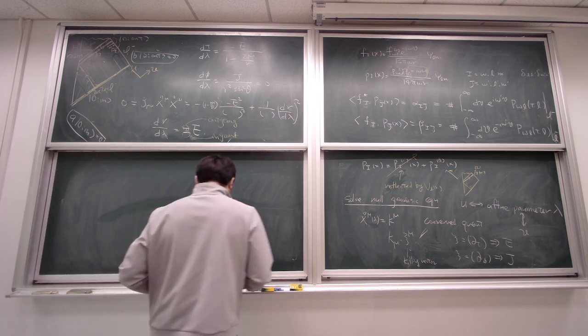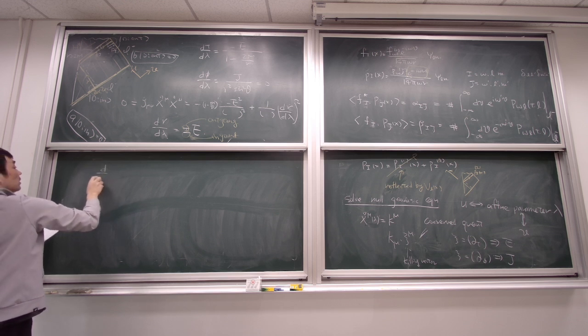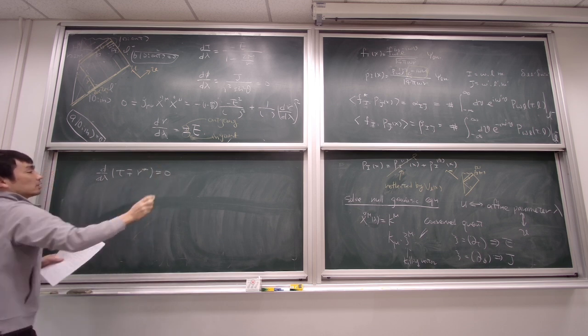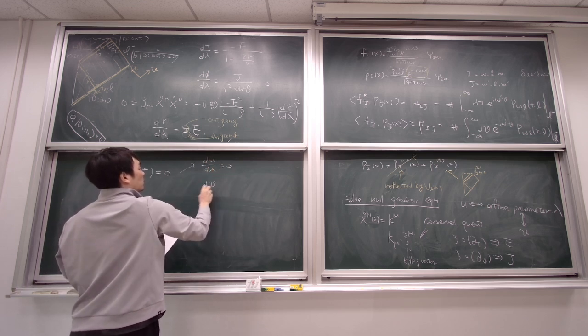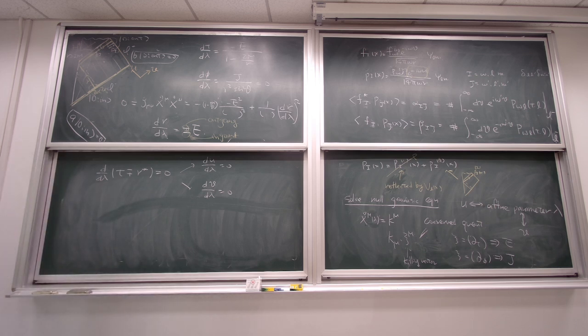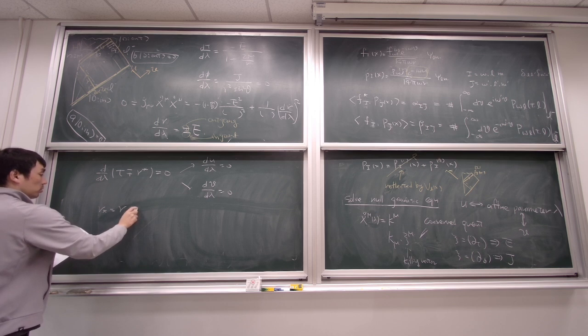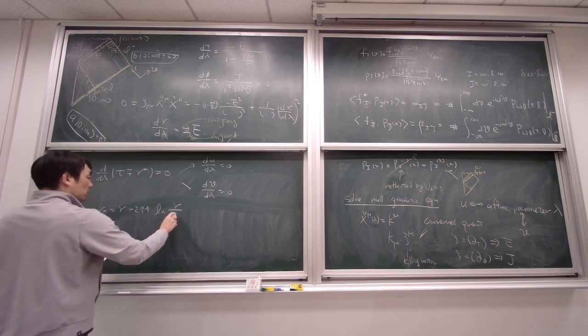So combining this equation, d over d lambda of t minus or plus r star is equal to 0. This means du over d lambda equals 0, or dv over d lambda equals 0. Is it okay? Let's recall what the tortoise coordinate is. r star is defined as r plus 2m log of (r over 2m minus 1).